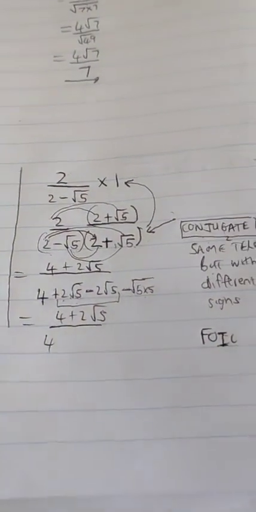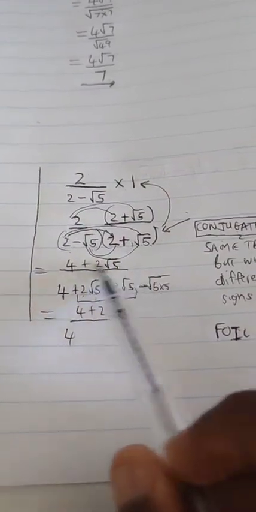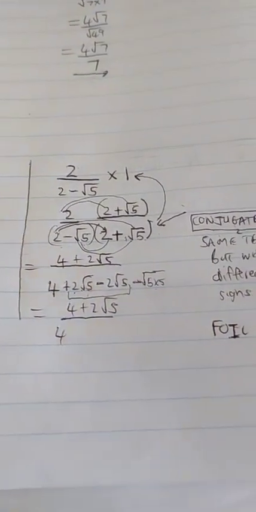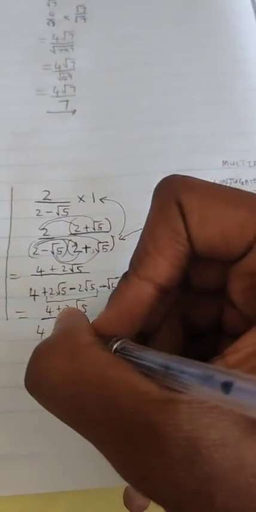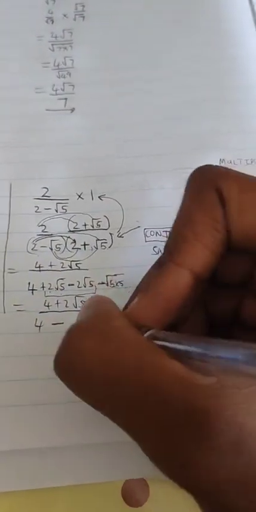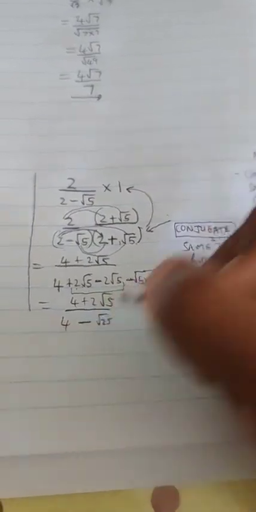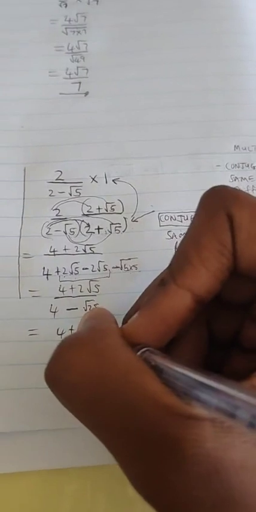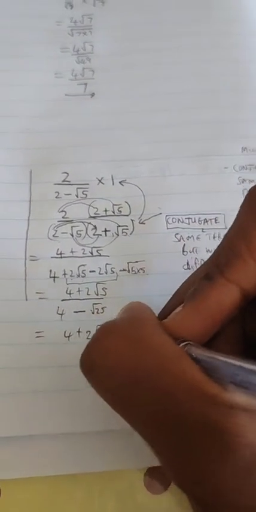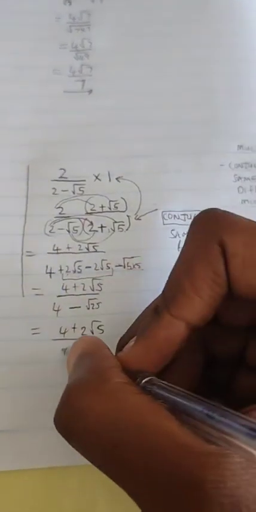The last term is going to be minus the square root of 25. I'm sure you can see what's going to be happening there in the denominator.